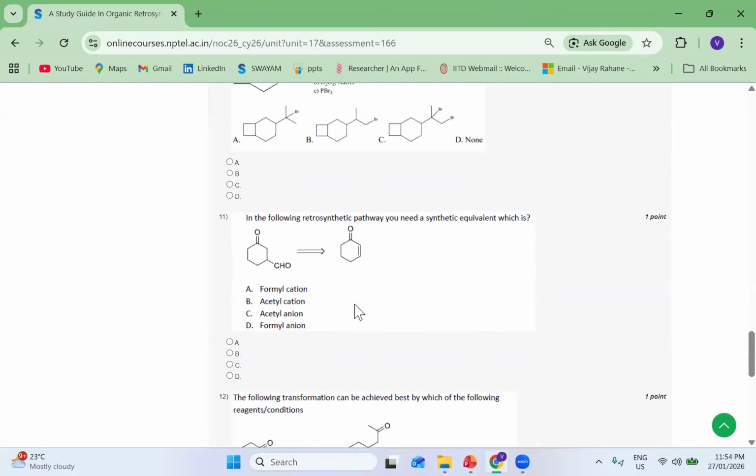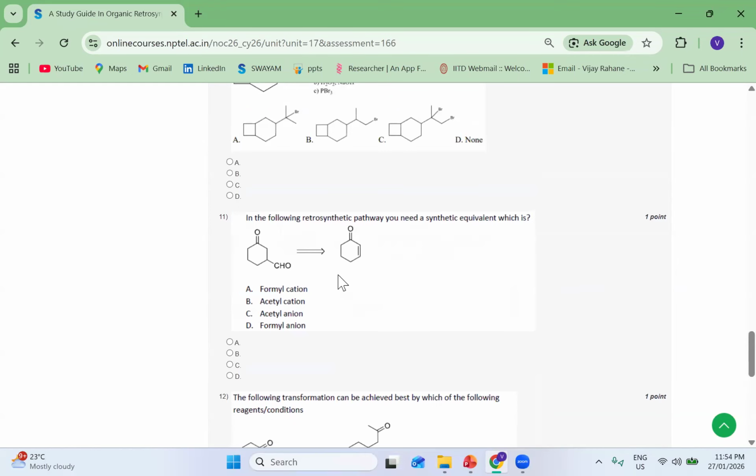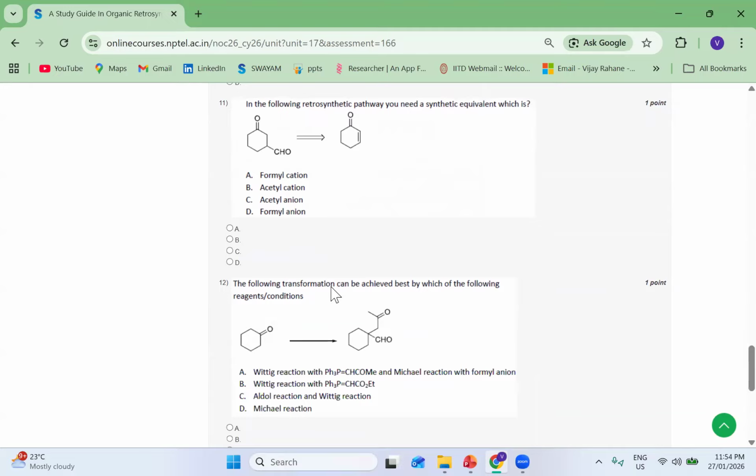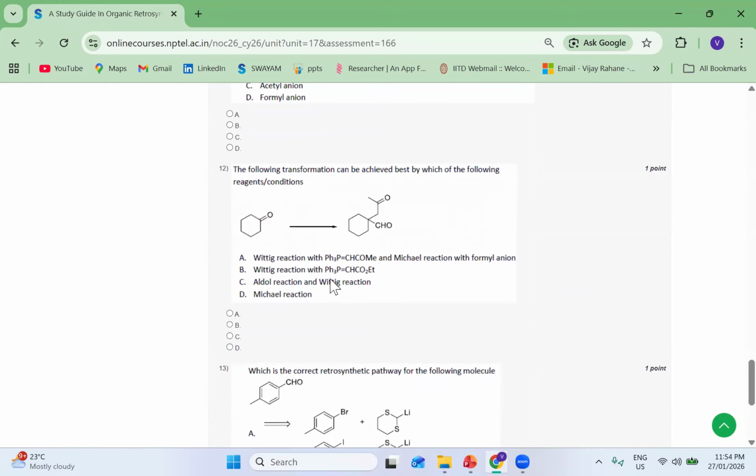There are a few more questions, but they are very similar. One question is on the Wittig reaction.